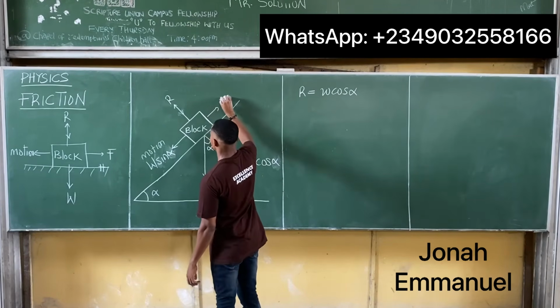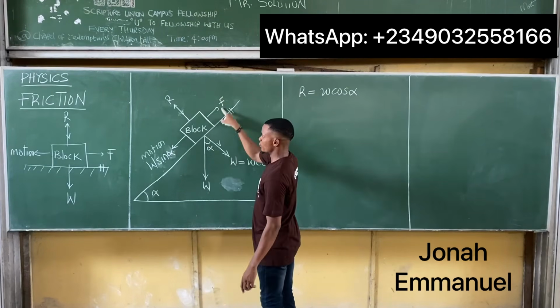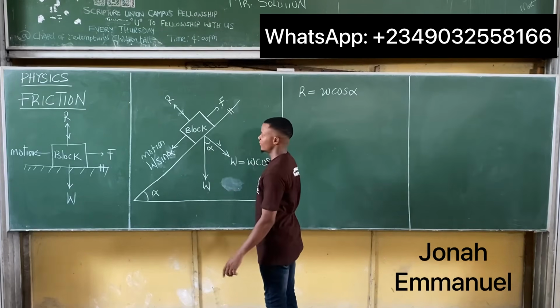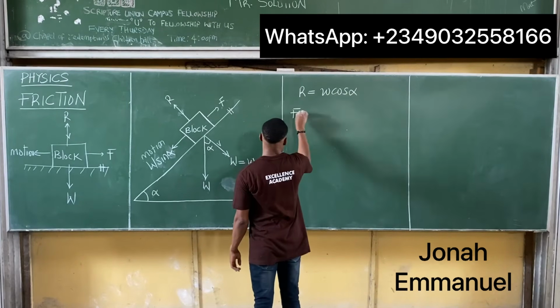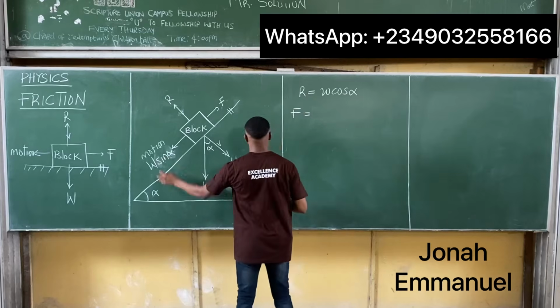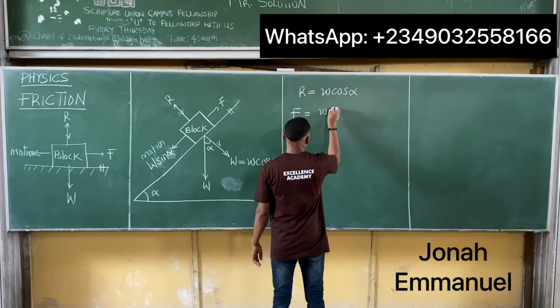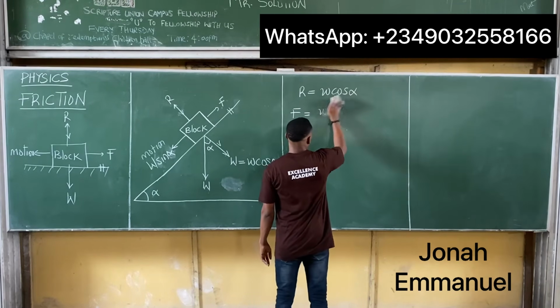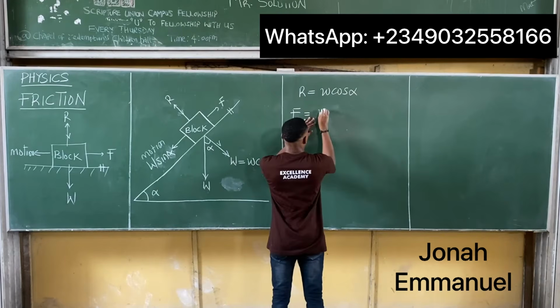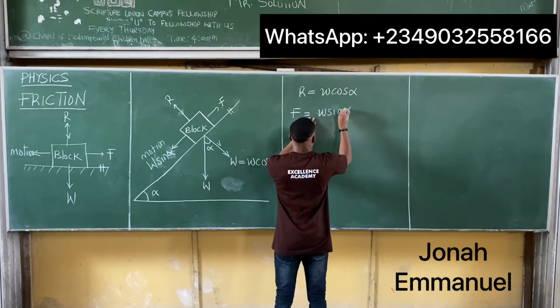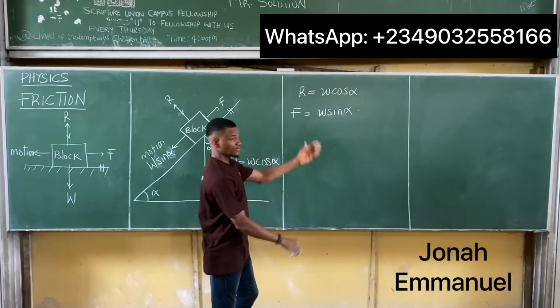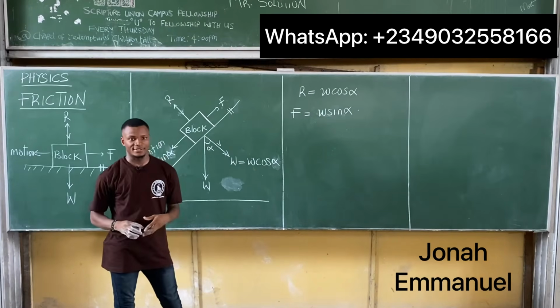Frictional force will act this way, trying to oppose this block from sliding down. And the frictional force F is equal to the motion, that's W sine alpha. So we have these two identities.